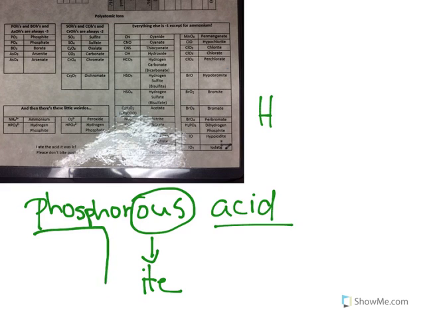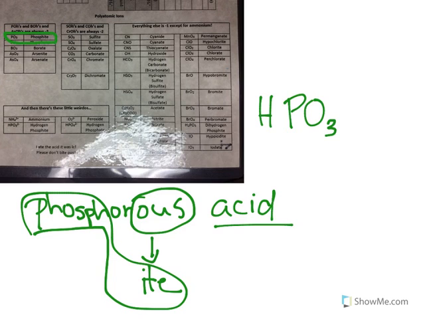So we are looking for phosphite. We go to our polyatomic ions chart. Phosphite is this one here, PO3. And if you look at the top, this is in the 3- group. So you would put a little 3 on your hydrogen. So this would be H3PO3, phosphorus acid.